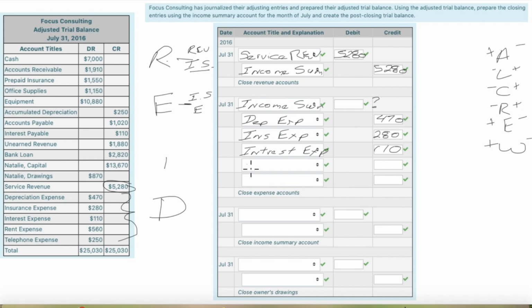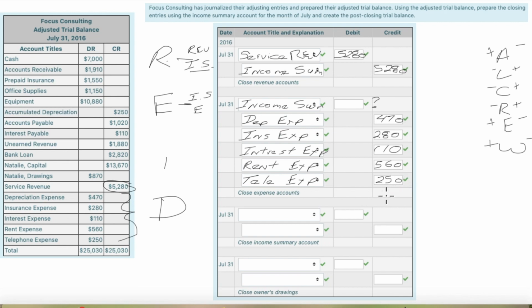And then rent expense. Rent expense is 560. And then last but not least is telephone expense, and it's 250.